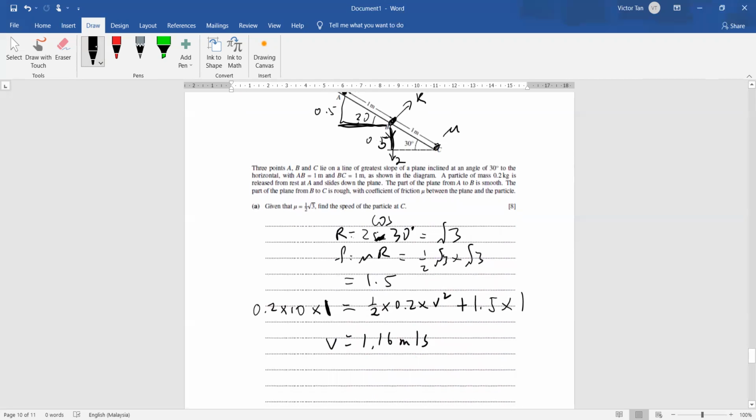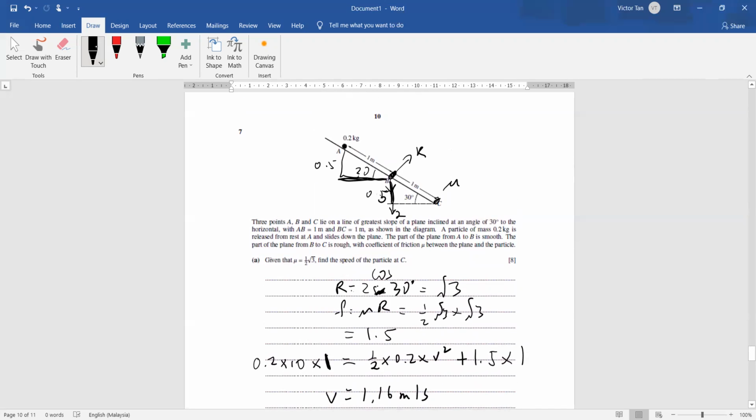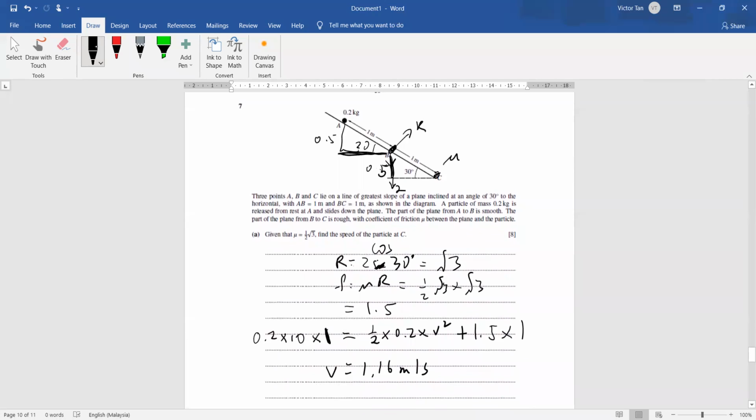Now we have an even bigger problem. Part of plane AB is smooth, the part of plane BC is rough. Slows down.